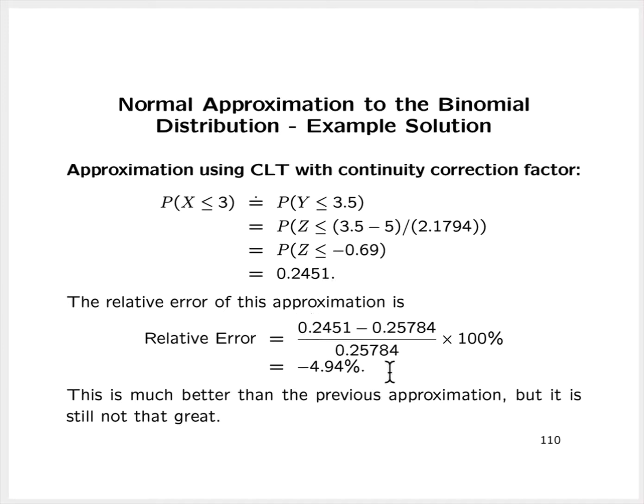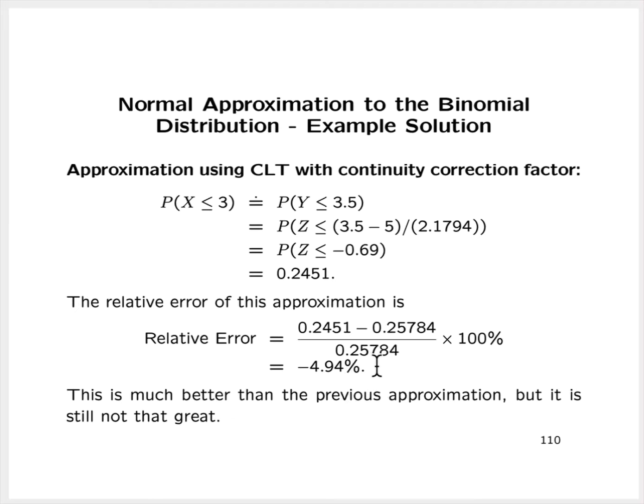Now, the relative error of that approximation is still not that great. It's still negative 4.94%. I mean, we would really want an approximation that has a relative error much closer to 0, less than 1% in magnitude, if we can get that.